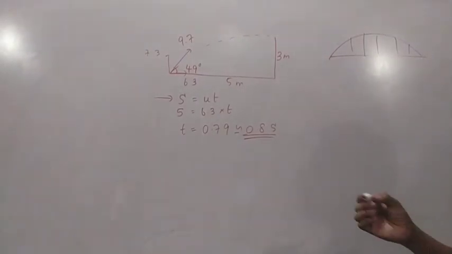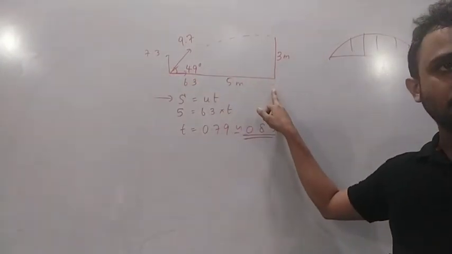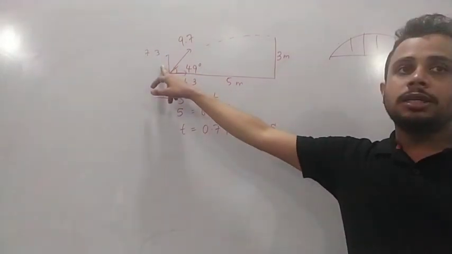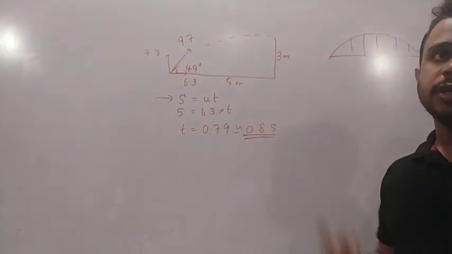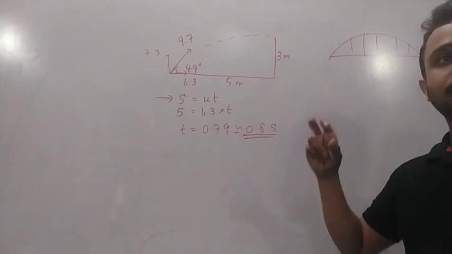Now, the best thing you can do is this: you now know the time taken for the ball to reach from there to there. You know the initial vertical component, and you know the acceleration. So we can calculate the vertical height.